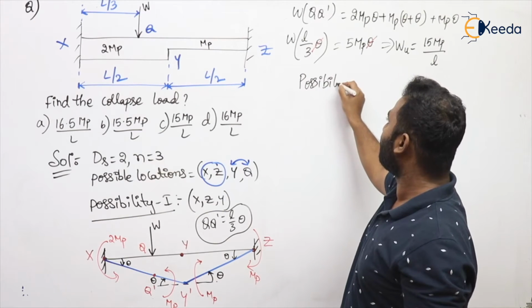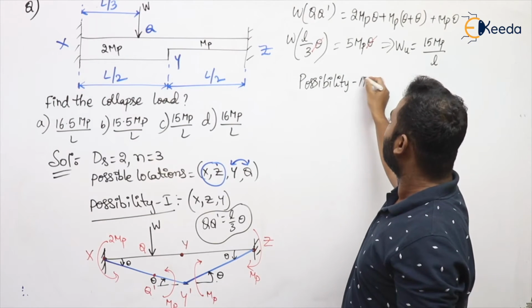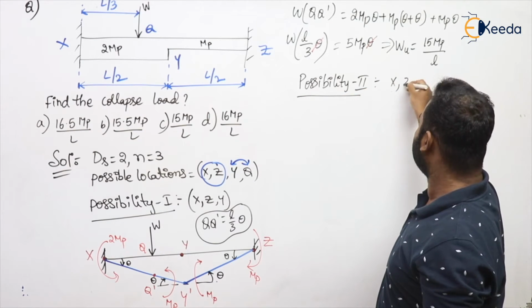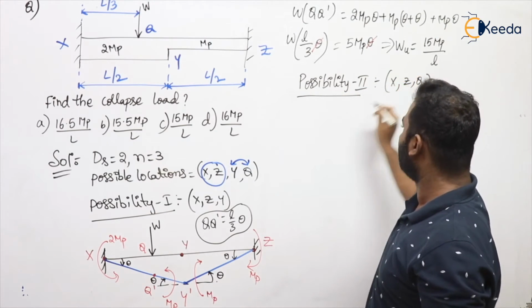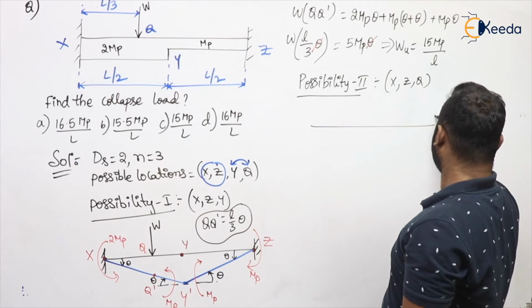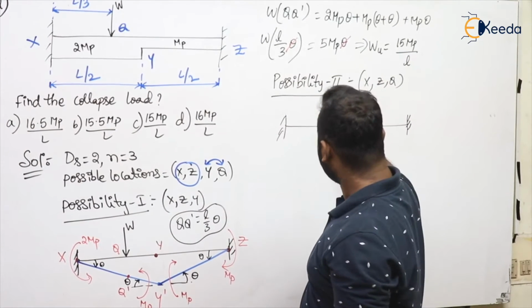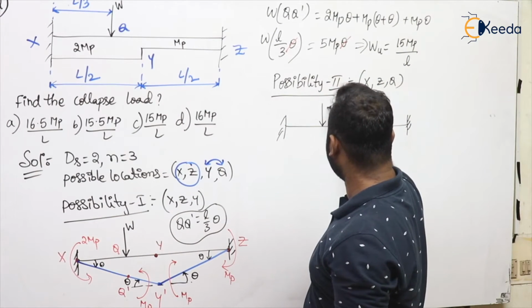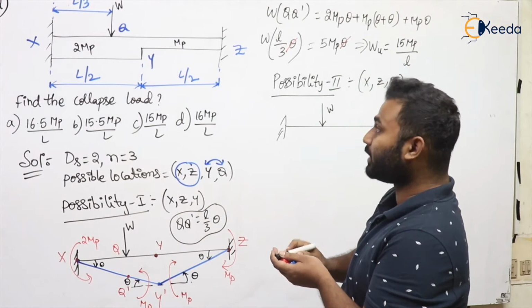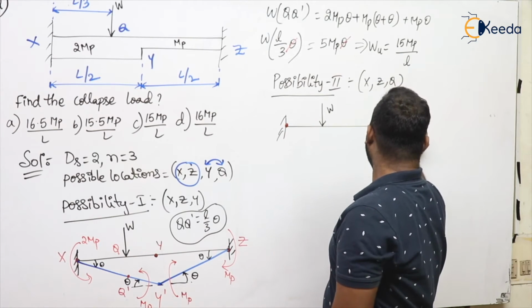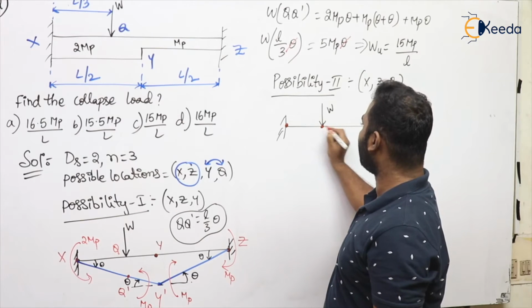Possibility 2, that is X, Z, Q. Draw the diagram again, where the point load W is. In this case, we are assuming the formation of plastic hinges at the two fixed ends and under the point load, right?